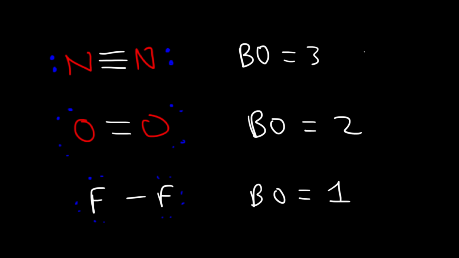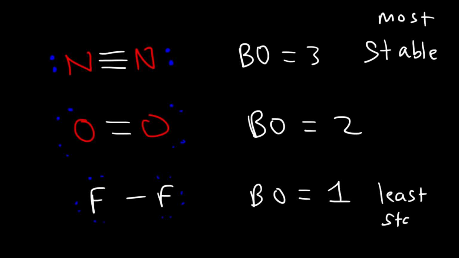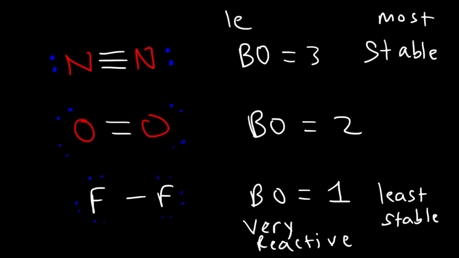So nitrogen gas is the most stable molecule out of everything that's listed. Fluorine is the least stable. In fact, fluorine is one of the most reactive elements in the periodic table. So it's very reactive. Nitrogen gas is the least reactive. It doesn't want to react, it's stable.